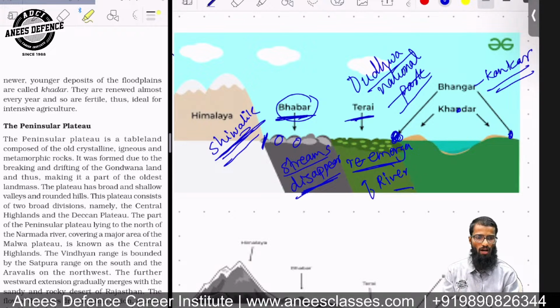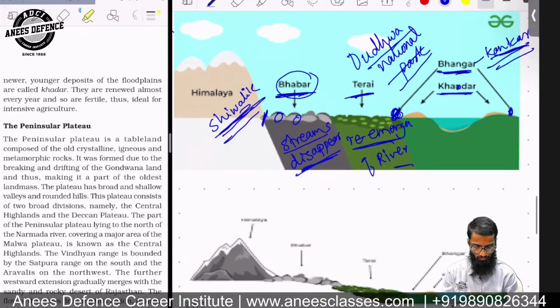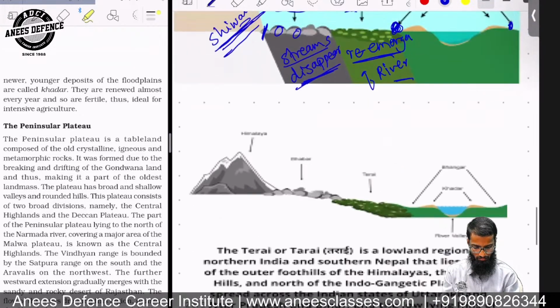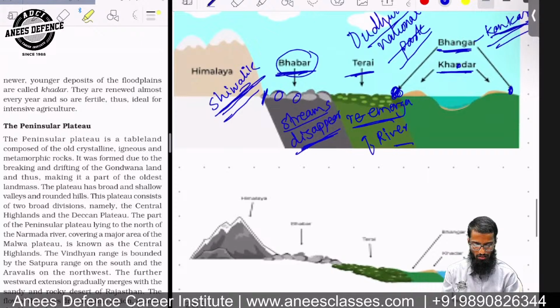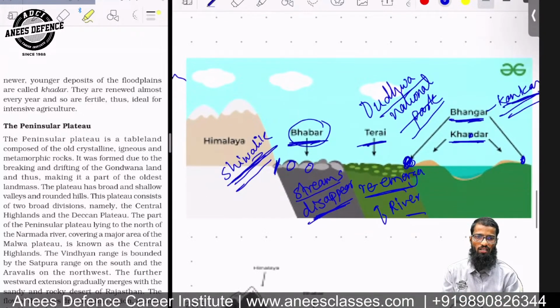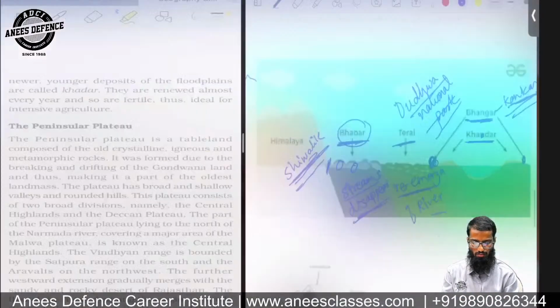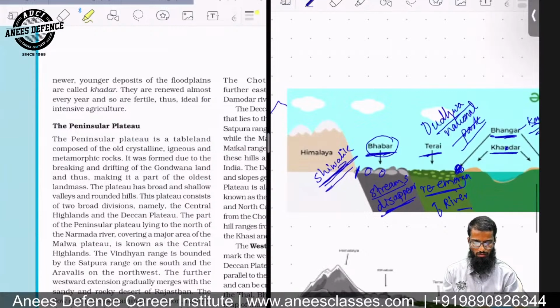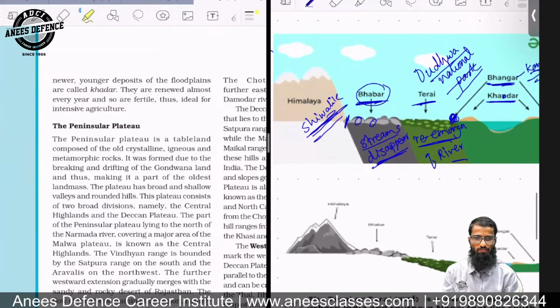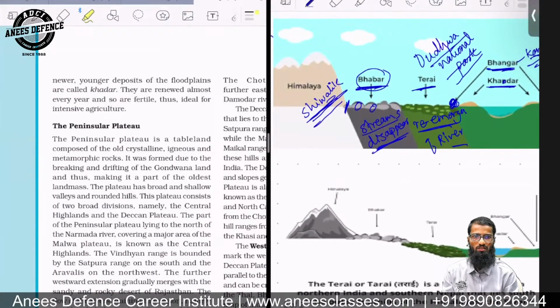Then next to it, you have Bhangar, the calciferous stones called kankars, and the newer is called Khadar. Is it clear? I think you can understand now. This diagram will help you, it's not that hard.